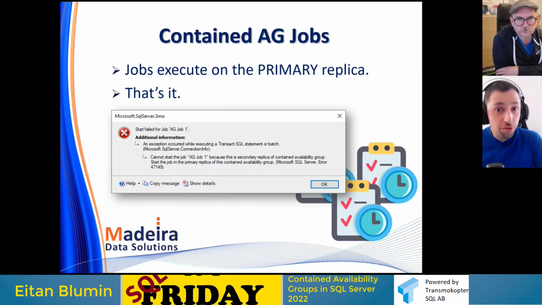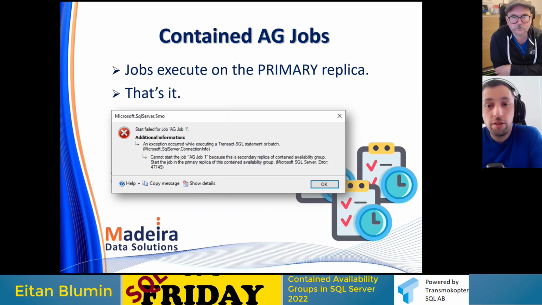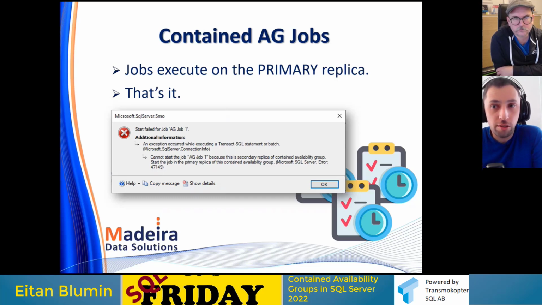So if there are use cases where you do want to run a job specifically on the secondary replica, and let's say only on the secondary replica, maybe there are use cases like that, it's possible, then contained availability groups would not give you this solution. You would have to do something else.